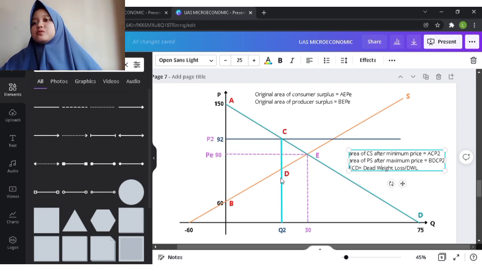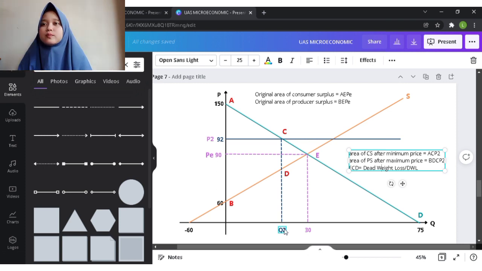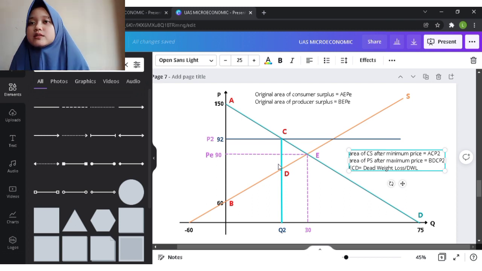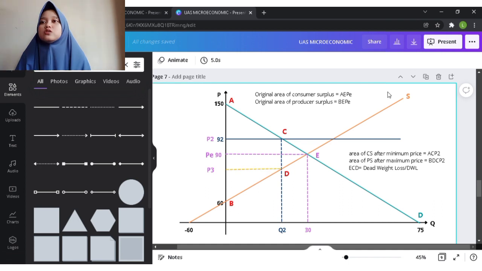First we must know the number of Q2, and we must know the number of P3, which is the name we give to the price at D. So we must know what the number of P3 is and what the number of Q2 is.